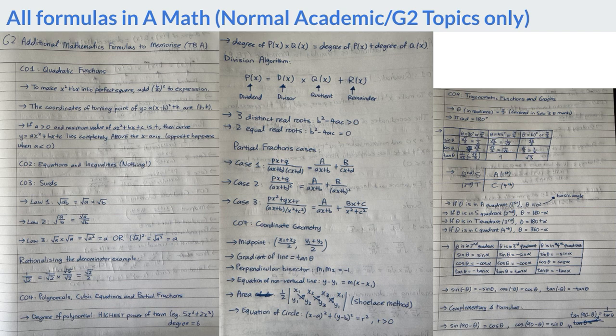Law 3 is fairly easy. It's just the same number, because root A times root A is root A squared. Most of us know that A times A is A squared, but because there's a root, you need to put the root.